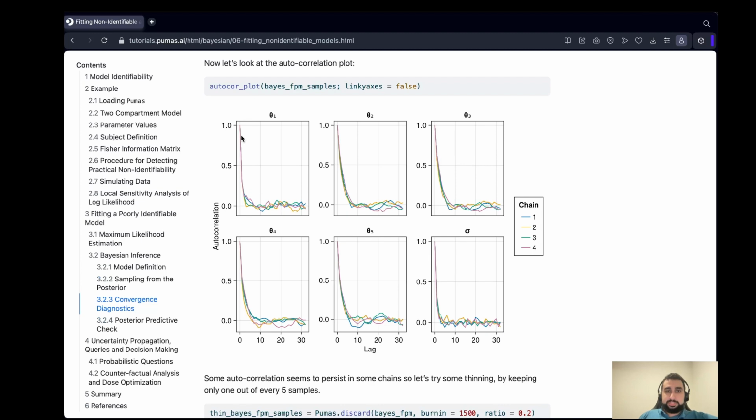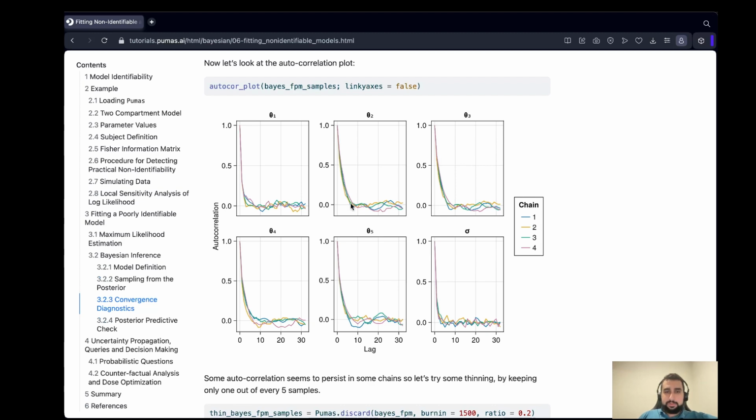Now, a good MCMC sample set shows an immediate drop of autocorrelation with very small lags, so that maybe within a lag of 2, 3, 4, you see almost zero correlation between the samples.